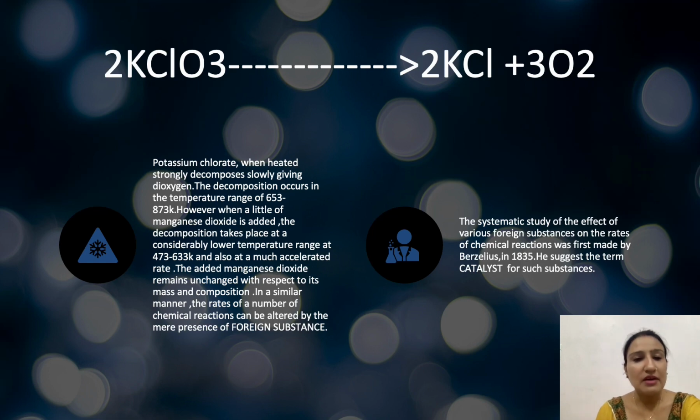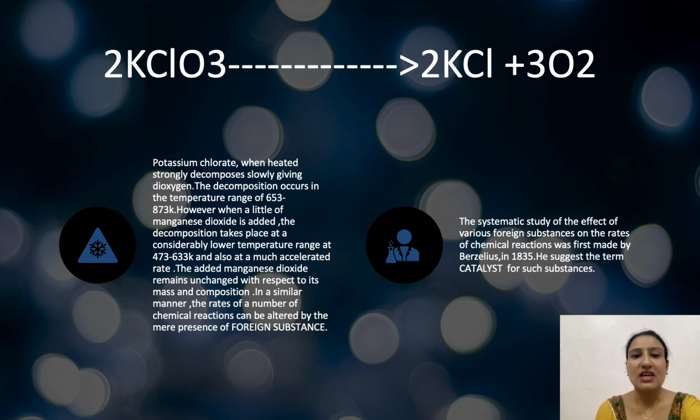In a similar manner, the rate of a number of chemical reactions can be altered by the mere presence of foreign substances. The systematic study of the effect of various foreign substances on the rate of chemical reactions was first made by Berzelius in 1835.